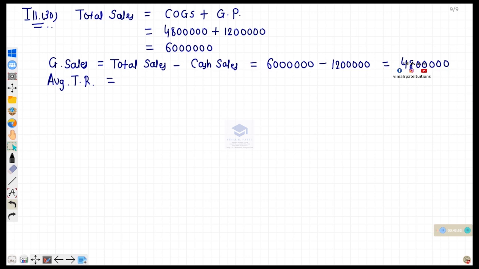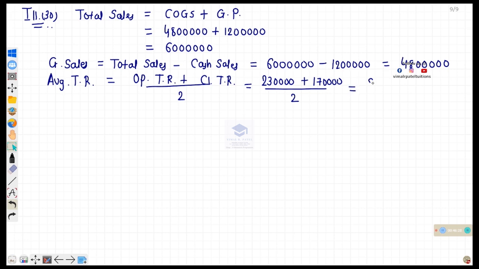Then average trade receivable. Opening trade receivable plus closing trade receivable divide by 2. So it will be 2 lakh.